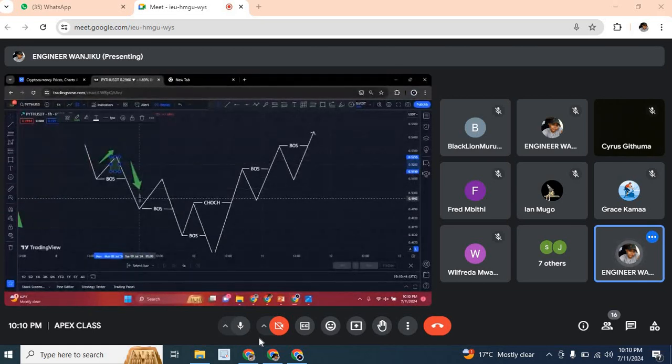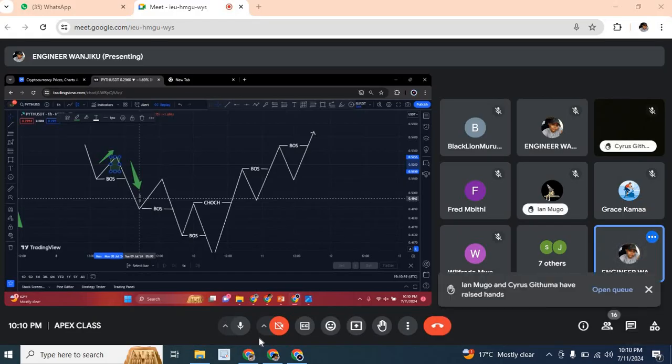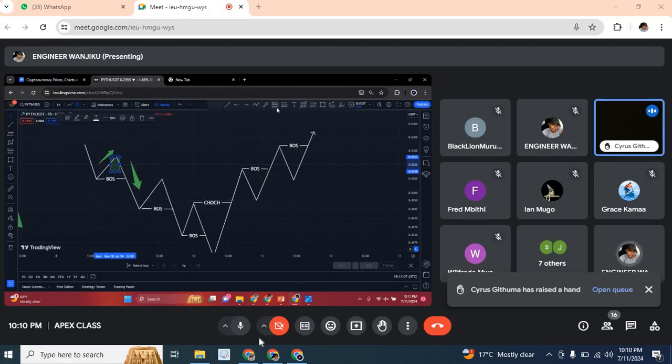What's the name of the last green candle before a significant sell? Anyone? Cyrus? Bearish order block. Yes, this is a bearish order block.